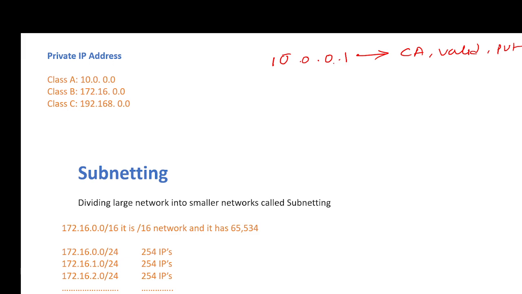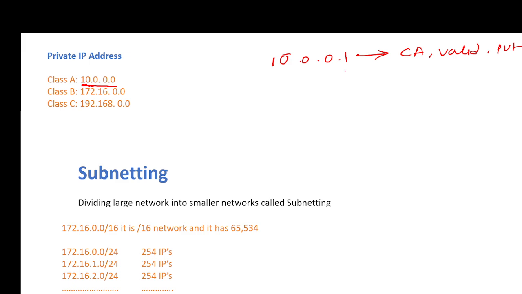See, 10.0.0.0 is a network ID. They are telling that within this network ID you can write the numbers. That's why I have taken the network ID 10.0.0.0 and written one IP address 10.0.0.1. 1 is a number, right?